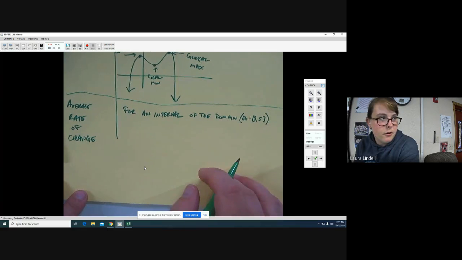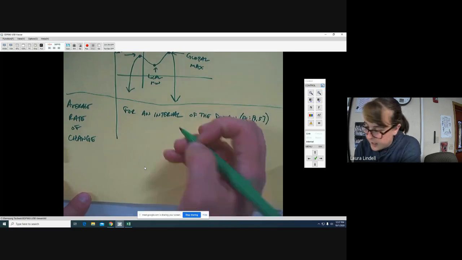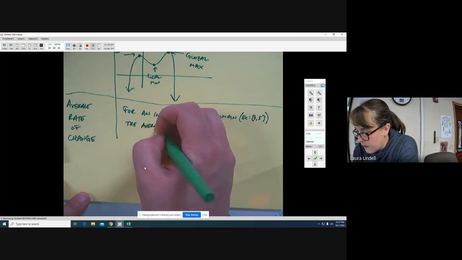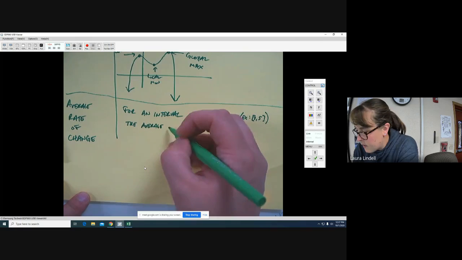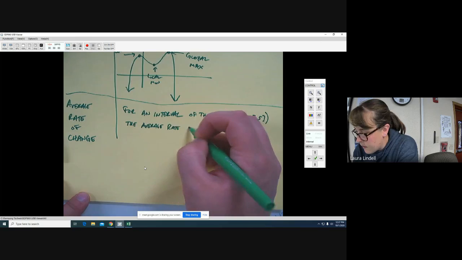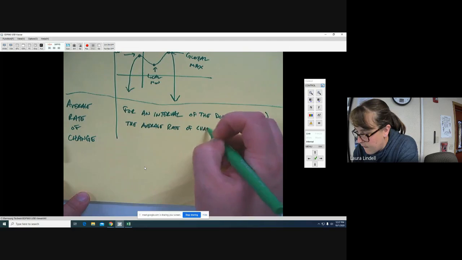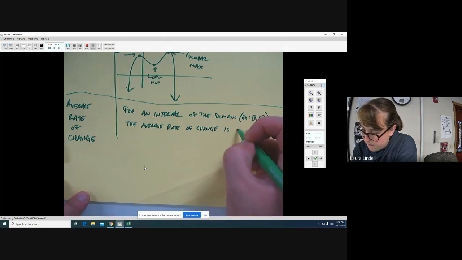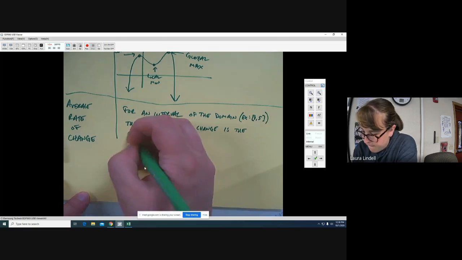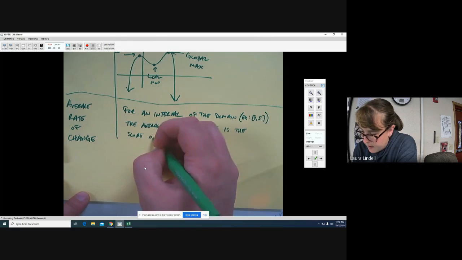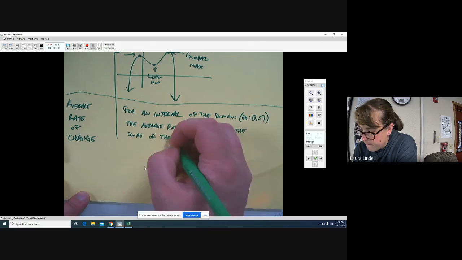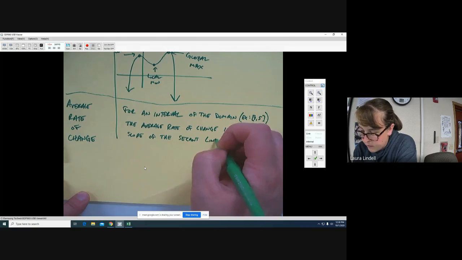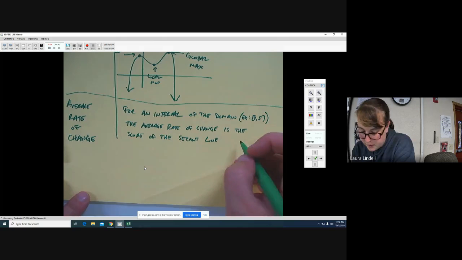So for an interval of the domain, the x values, the average rate of change is the slope of the secant line between those points on the graph.